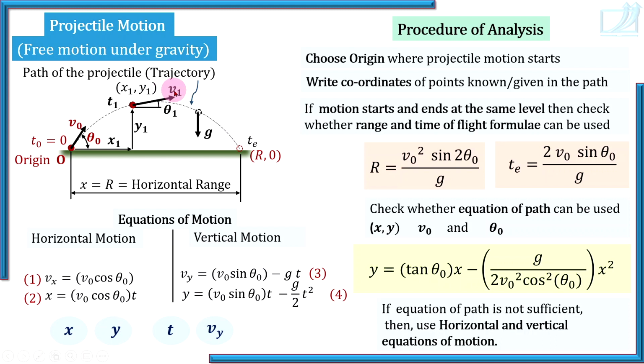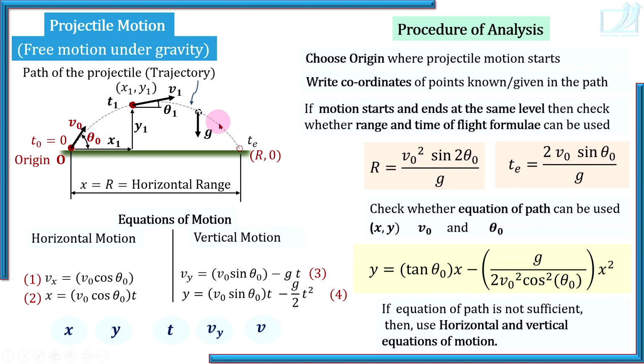V is the magnitude of velocity at any instant. So, magnitude of velocity is root Vx squared plus Vy squared. And theta is the angle of velocity with horizontal, and that is tan inverse Vy by Vx. Vx is constant, but Vy is not. And therefore, V, the magnitude of velocity, is a variable quantity here.